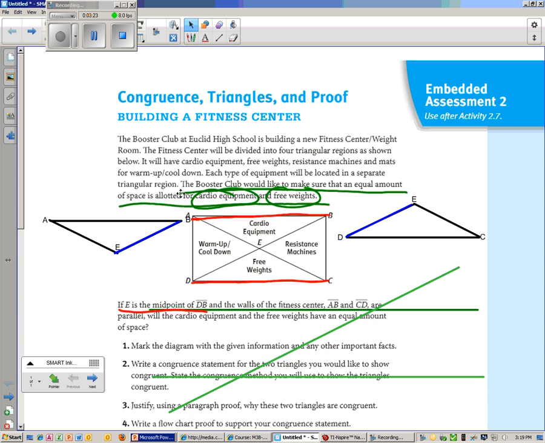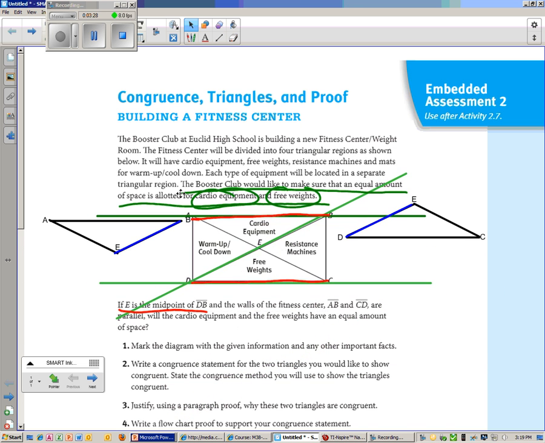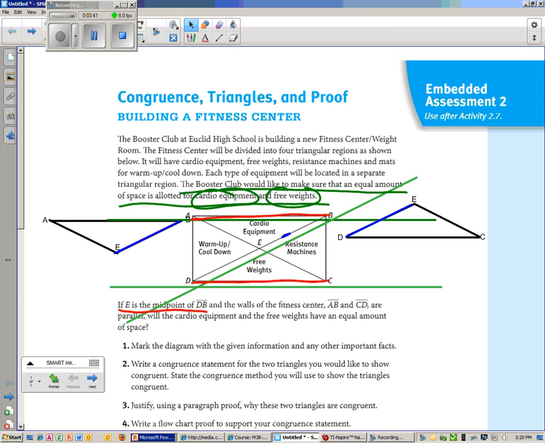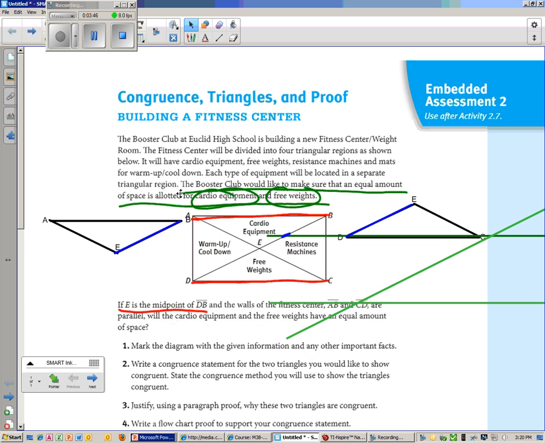So you know, when you have parallel lines, notice it's telling me that these two lines right here are parallel, and then this line right here, this would be my transversal. Okay? So you got to recognize when we talked about having parallel lines and a transversal.